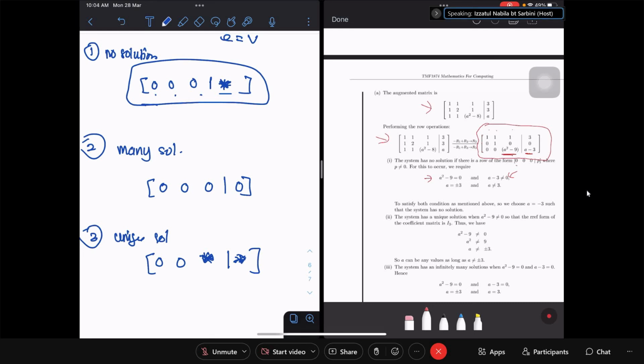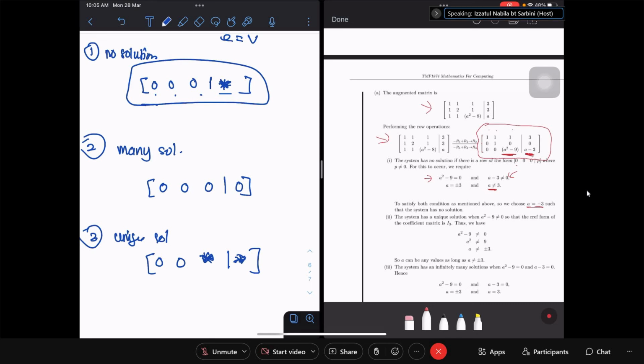So the value for a can be plus minus 3, and for the value of a untuk sebelah sini, a cannot be equal to 3. So in this case, a has to be equal to negative 3 in order to make the system become no solution. Syarat dia dekat sini mesti 0, here has to be 0, here has to be not equal to 0.